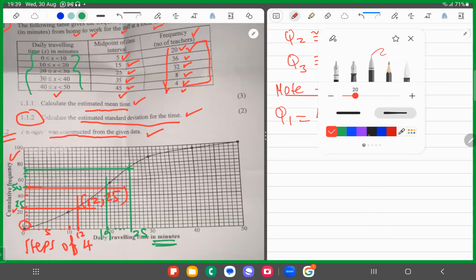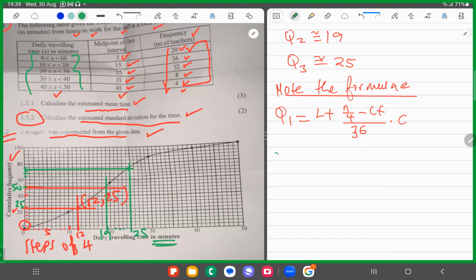Let me use different colors because it's going to be boring in the same color. The formula for finding Q2 is L plus 2N over 4 minus CF, divided by the frequency.